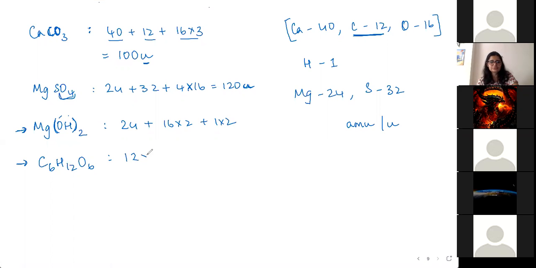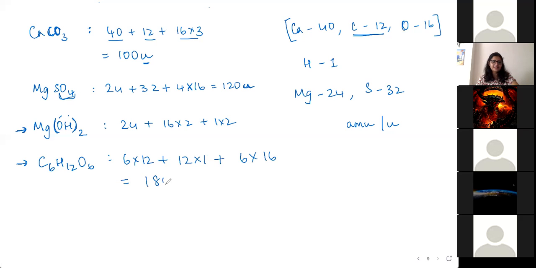C6, so 12 into 6 is the carbon part. H12, so 12 into 1, plus O6, 6 times oxygen, which is 16. So you add it all up. Swayam, you'll have to check your addition.